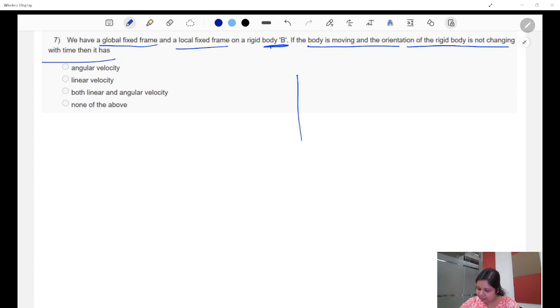So let's say this is my global frame, X, Y, and Z. There is some local frame that I have, let's say this is X, Y, Z, and this is on body B.